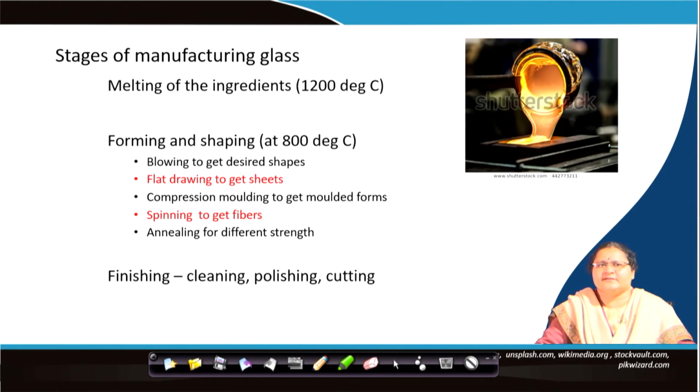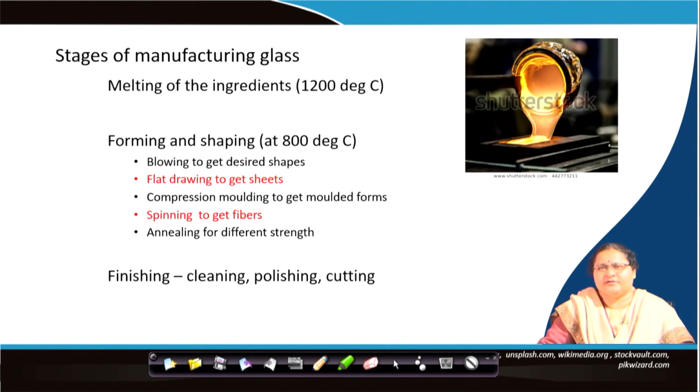Once we get these, we go for the finishing, which is cleaning, polishing, cutting. So, you have to clean the surface, even polish it if required, and finally cut it to get sharp edges. If you see a glass piece in cross section, you will see it is light greenish in color.